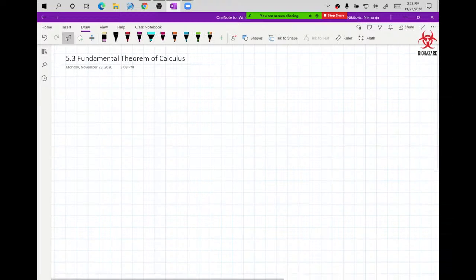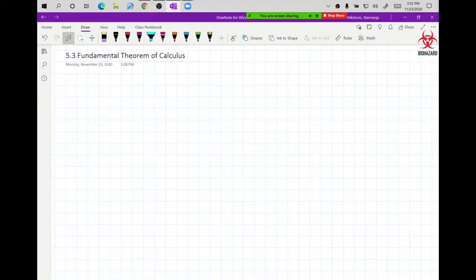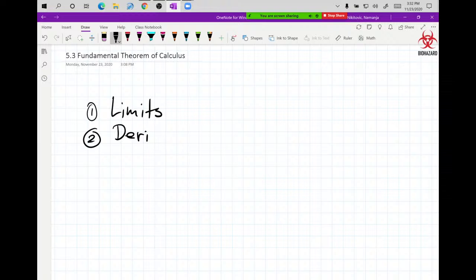We already know that calculus consists of limits, derivatives, and integrals.